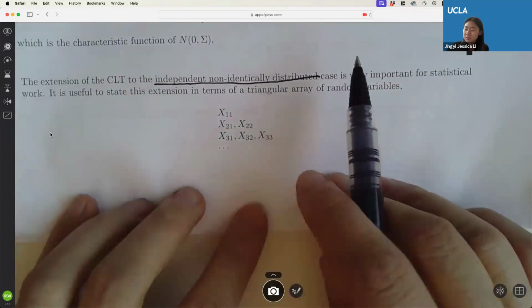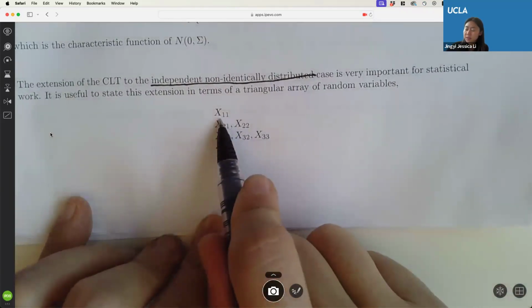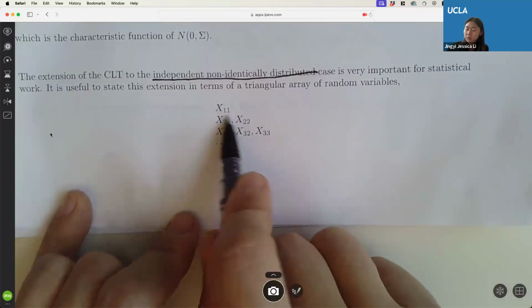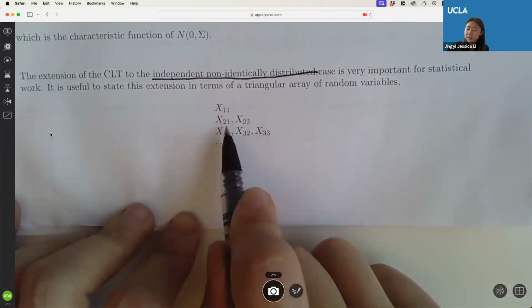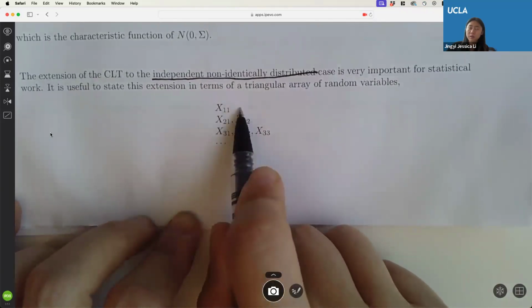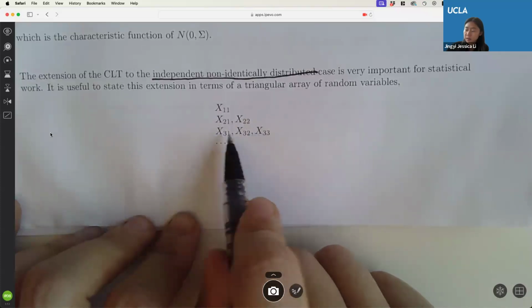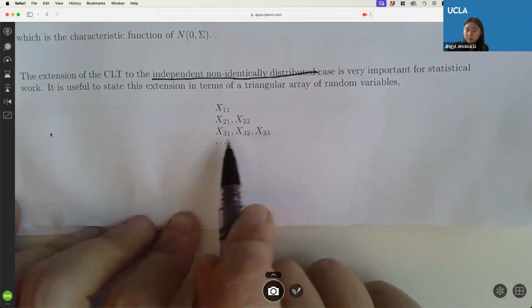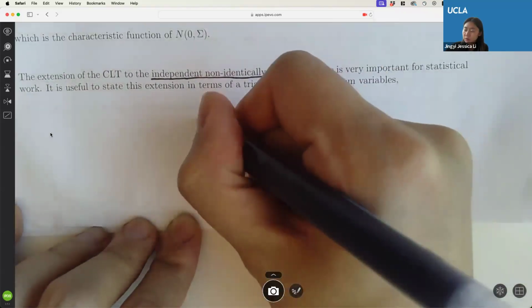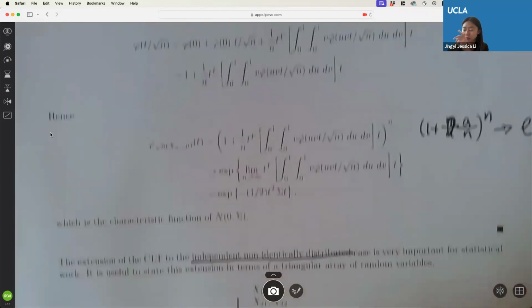Basically, we can consider a row as a sequence of IIDs. So you can consider x1,1 on its own, x2,1, x2,2 to be IID, x3,1, x3,2, x3,3 as IID. So we can have IID within every row, and we can let the rows grow indefinitely. So we can have an infinite number of rows to create a sequence.